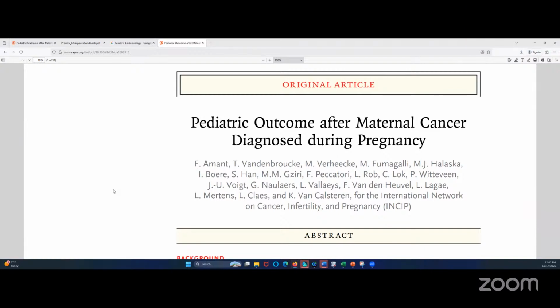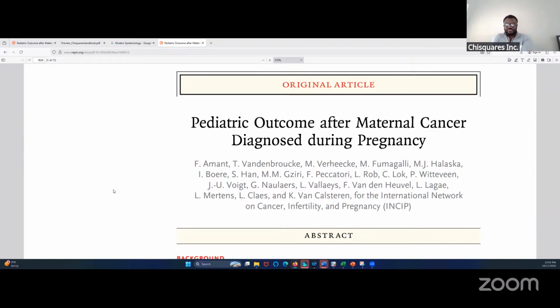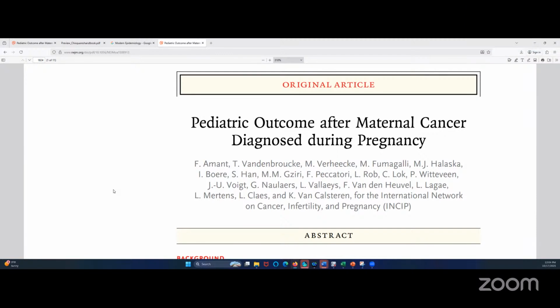I looked at the abstract of the paper. The aim is to see if there's any difference in neurological performance between children born to mothers in one group that had cancer treatment when they were pregnant versus a control who did not have such a cancer treatment.